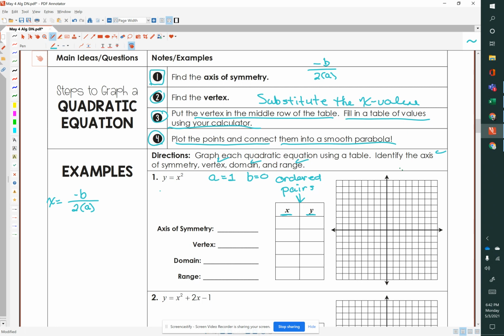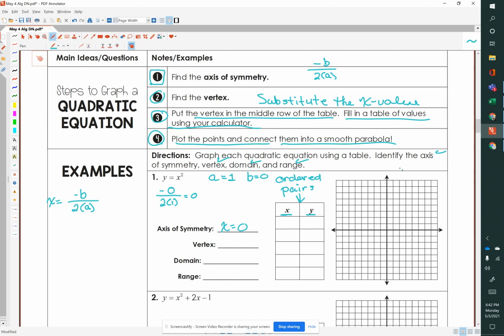So we have negative 0. Now 0 is neither positive nor negative, but for the purpose of substitution, we'll put it there, divided by 2 times 1, which equals 0. So the axis of symmetry, x equals 0.